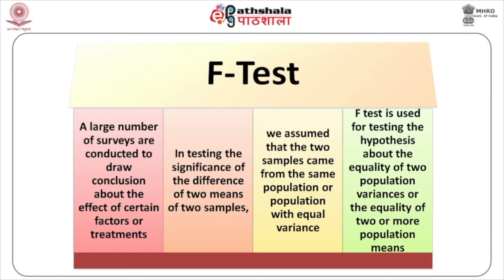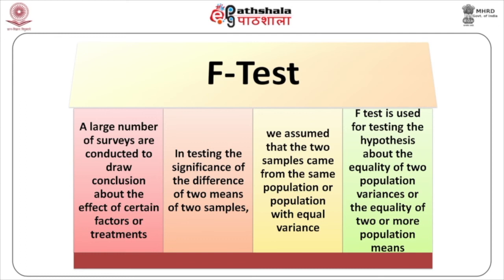A large number of surveys are conducted to draw conclusions about the effect of certain factors or treatments. In testing the significance of the difference of two means of two samples, we assumed that the two samples came from the same population or populations with equal variance.